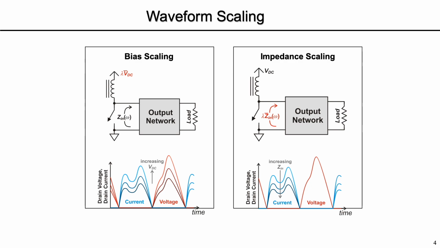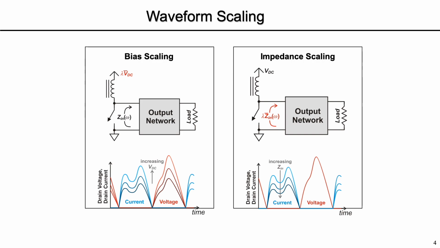Now, if you're using a switching amplifier, although it's a highly nonlinear device because you're turning on and off, this scaling rule holds exactly, which means that both your current and voltage will proportionately scale if you increase your lambda. So if your network remains the same and your switch properties don't change, the waveforms will remain exactly the same.